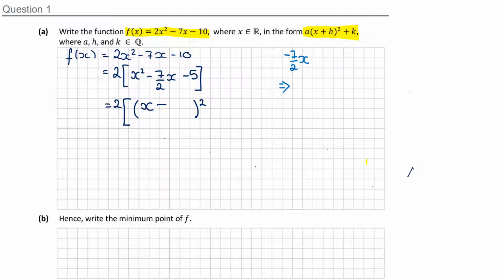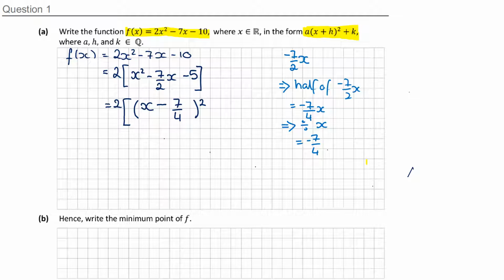So we first need to halve minus 7 over 2 x, which is equal to minus 7 over 4 x. But remember it also got multiplied by the first term, so we need to divide by x, and that just gives us minus 7 over 4, and that is what goes into the bracket here, minus 7 over 4.